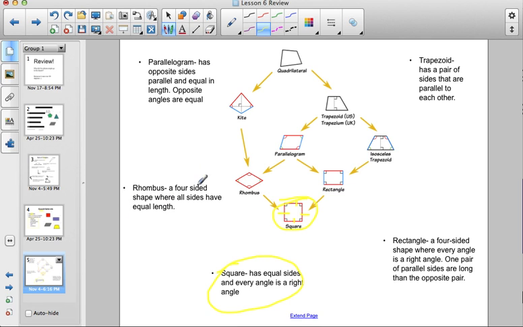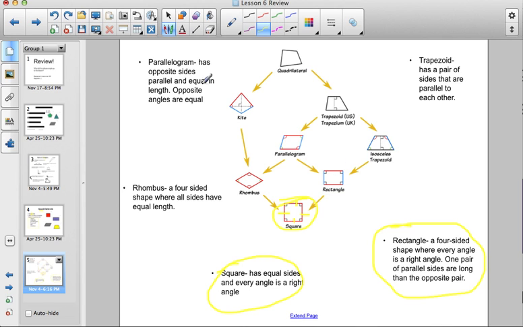Okay, so moving on to a rectangle, which a lot of you are also familiar with. This is a 4-sided shape where every angle is also a right angle, like a square, but one pair of parallel sides is longer than the opposite pair.